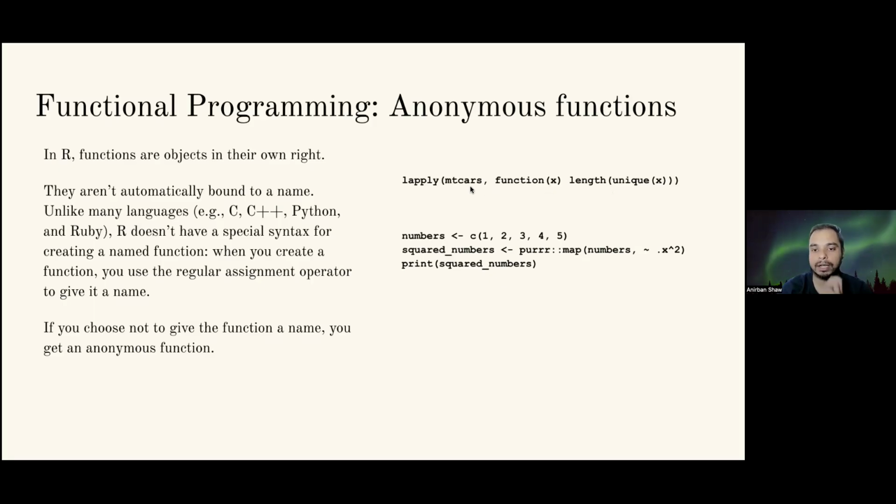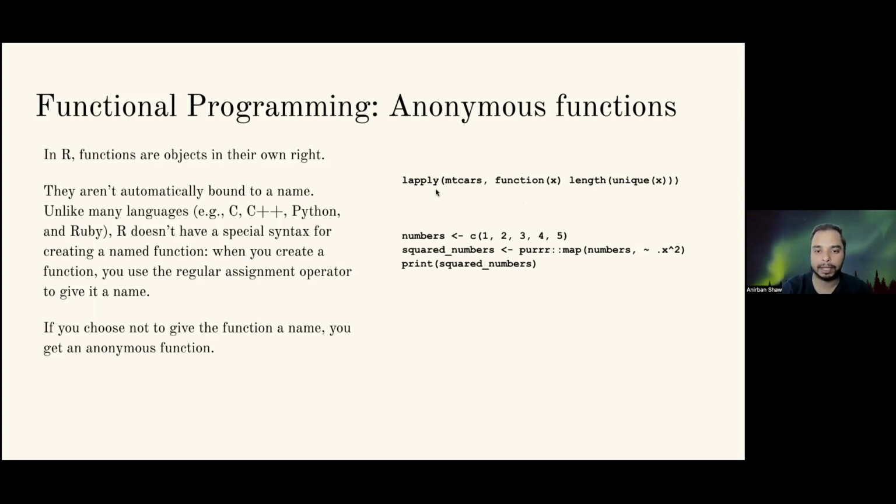So let's say mtcars itself has 5 columns, right? It will give the unique length of each column in one line of code. Otherwise, you would have to probably write length unique, mtcars dollar column one, mtcars dollar column two, right? You'd have to repeat that 5 times. But this kind of definition allows you to do all of that in one line, right?